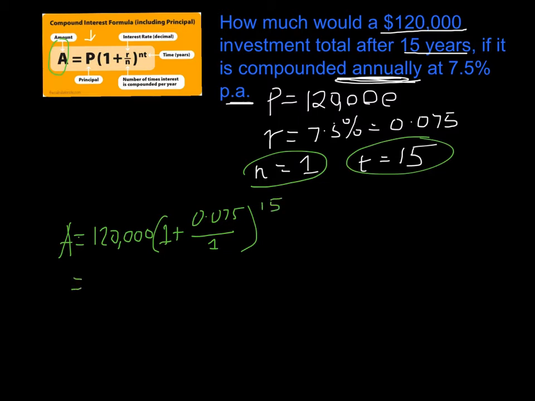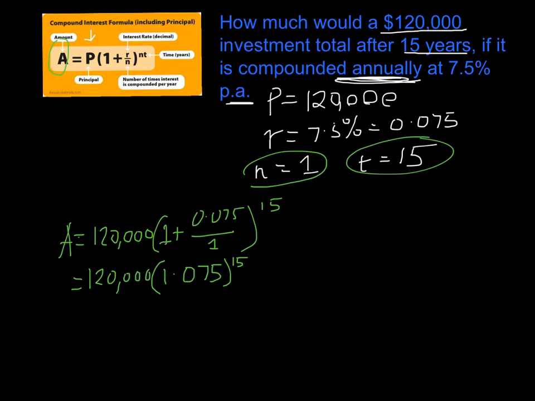Working with the next step to try and solve, 120,000 multiplied by, the rate 0.075 divided by 1 is staying the same. If we add that onto 1, we're going to end up with 1.075, all to the power of 15.